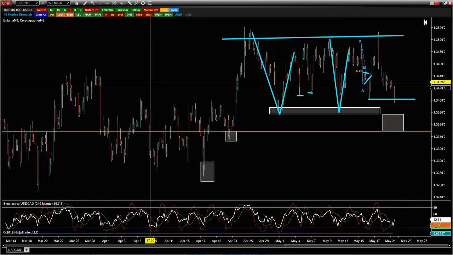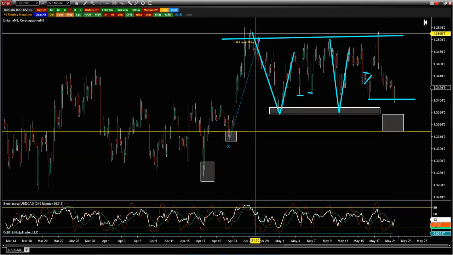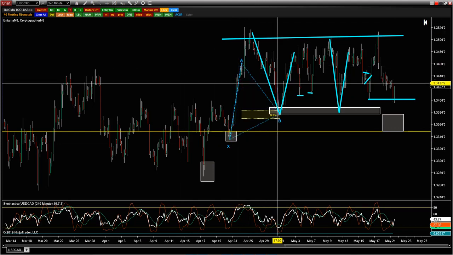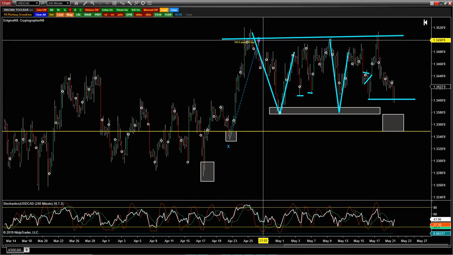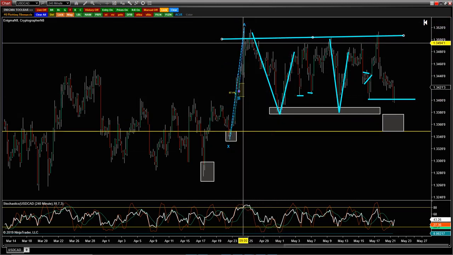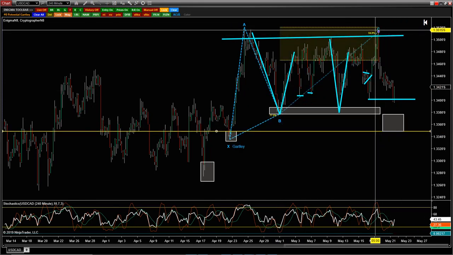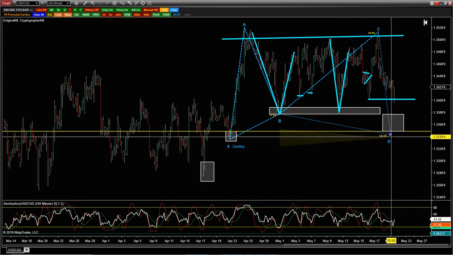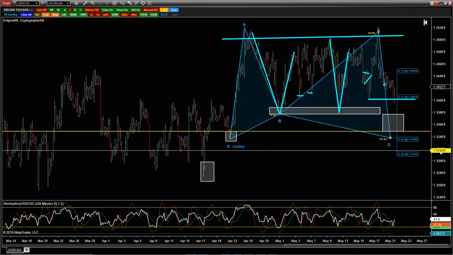I suppose, yeah. You can look at this as a deep Gartley. Yeah, if you want to view that as a deep Gartley, you certainly can.